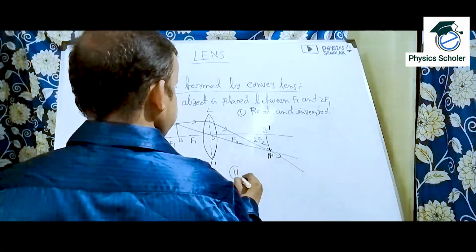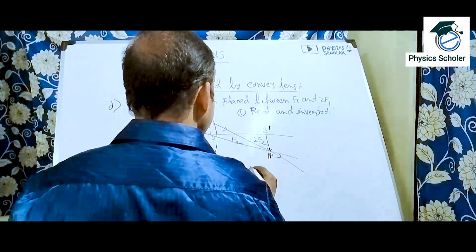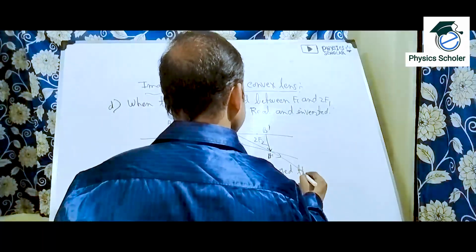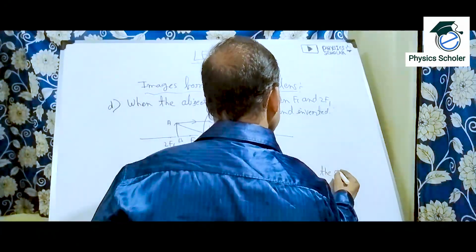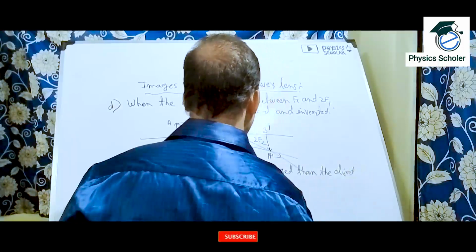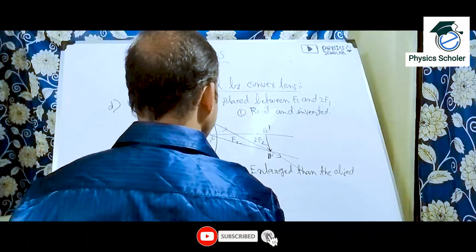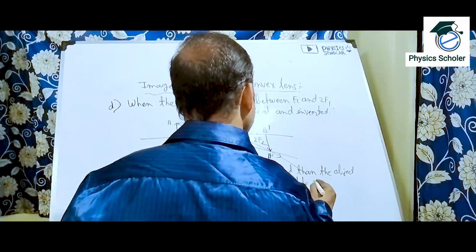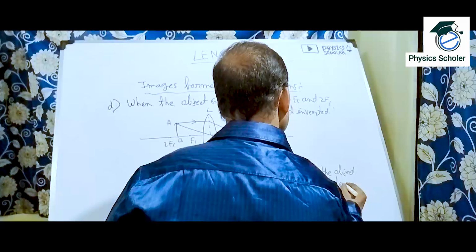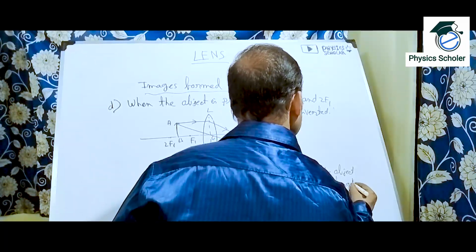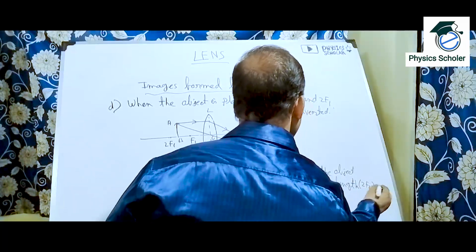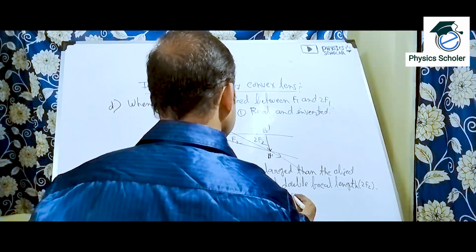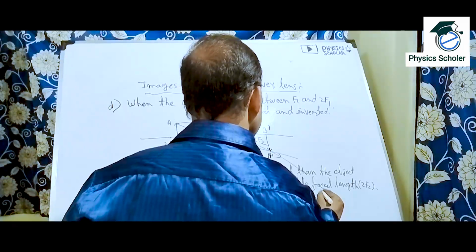The size will be enlarged compared to the object. And number 3, the position: beyond double focal length, 2f2, on the other side of the lens.